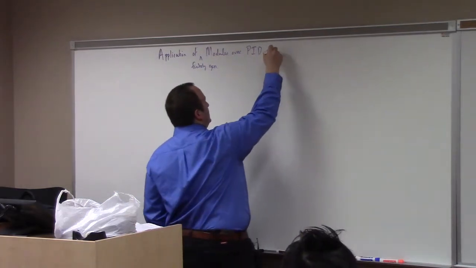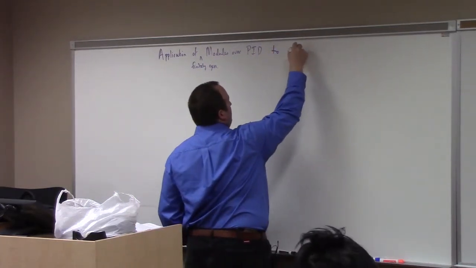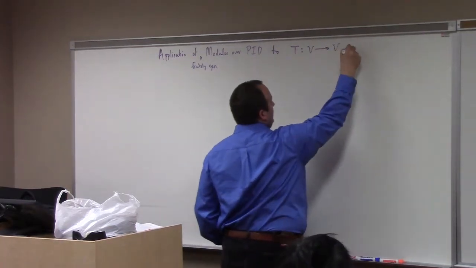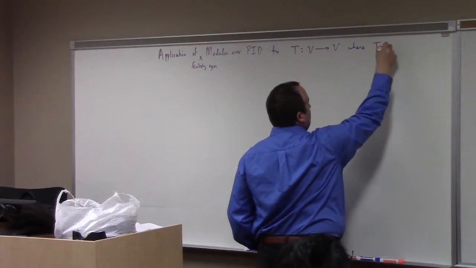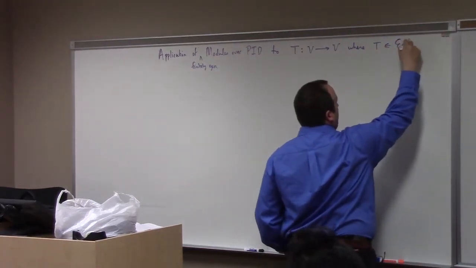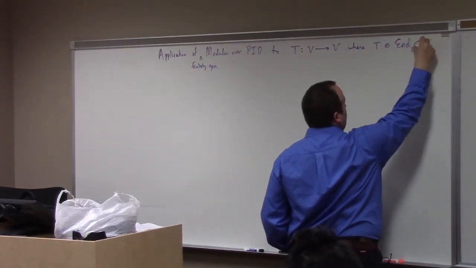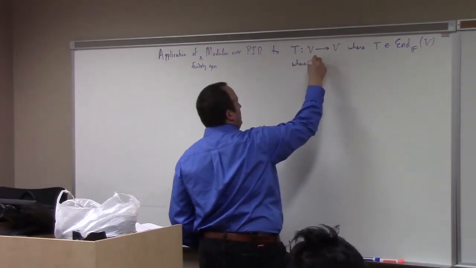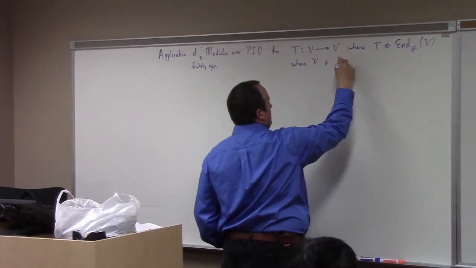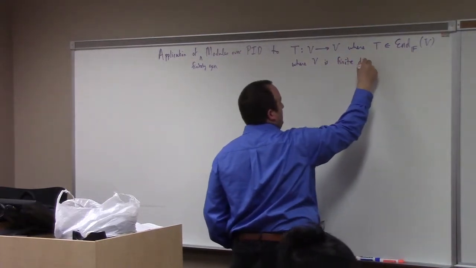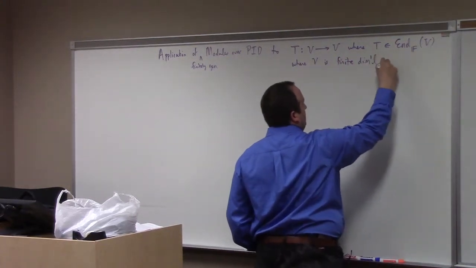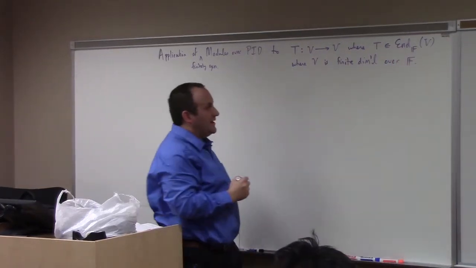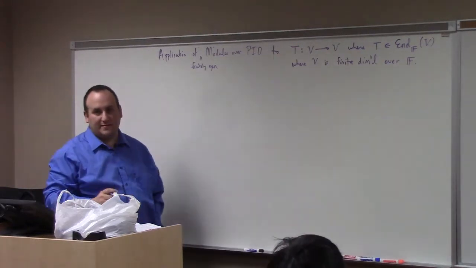Modules over a PID, with T going from V to V, where T is an element of the endomorphisms of V, where V is finite dimensional over F. In other words, the principal object of study in Math 321, right?